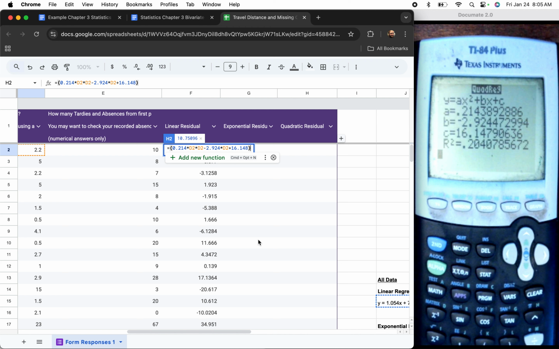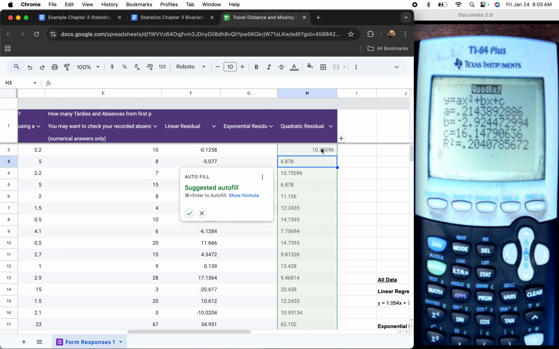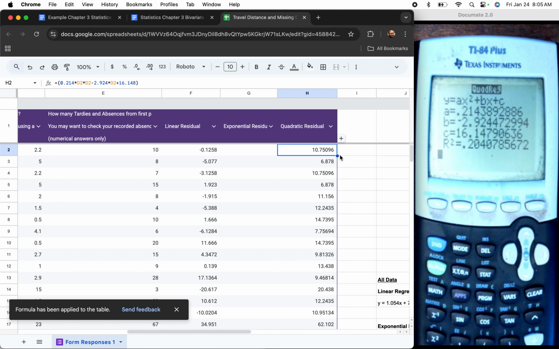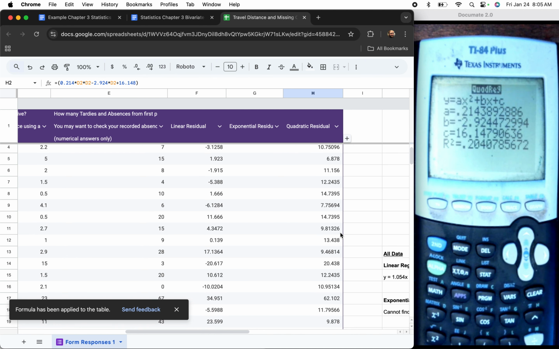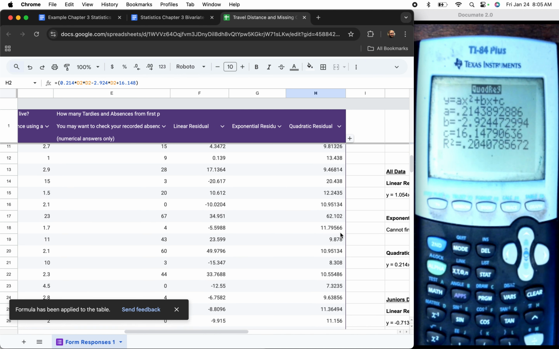Close my parentheses, and when I hit enter, that has created the residual value just for this particular set of x values. I will accept the autofill. If they don't have the autofill, you can always grab the little dot in the bottom right hand corner and drag it down, and that will also help you autofill.